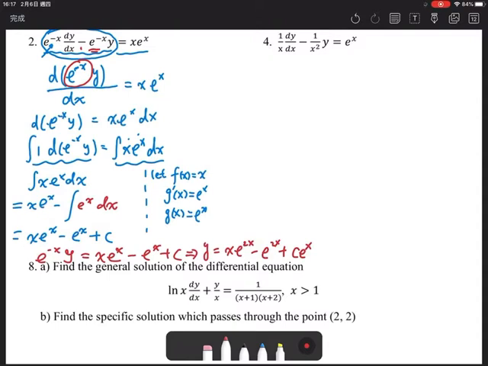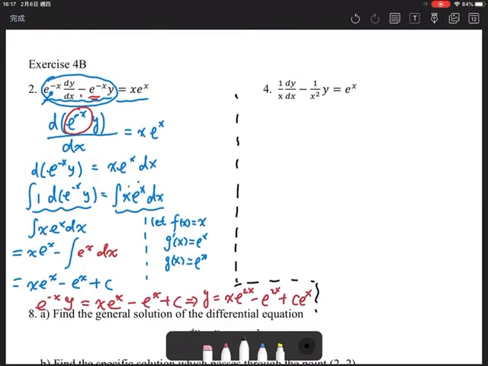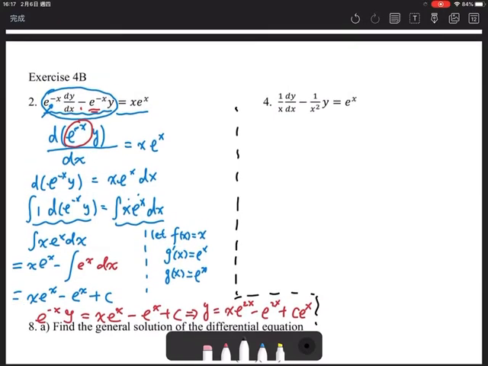And now let's move to question 4. Question 4, let's check. Firstly, we cannot use the first method, separating variables method, to do this question. So we have to use the second method.